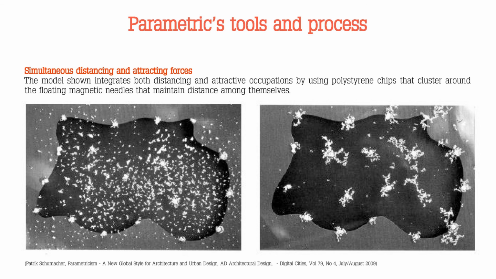The brilliant idea in this kind of experiment is to understand not the comparison between polystyrene chips and urban planning, but the system of aggregation. In both cases, we are in front of a natural process of aggregation.